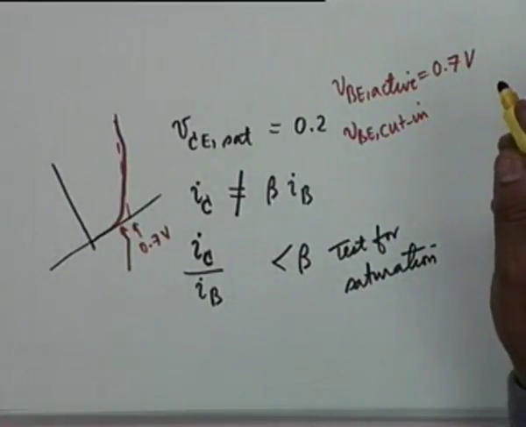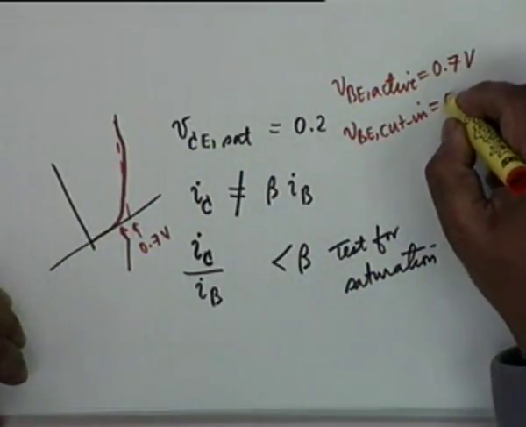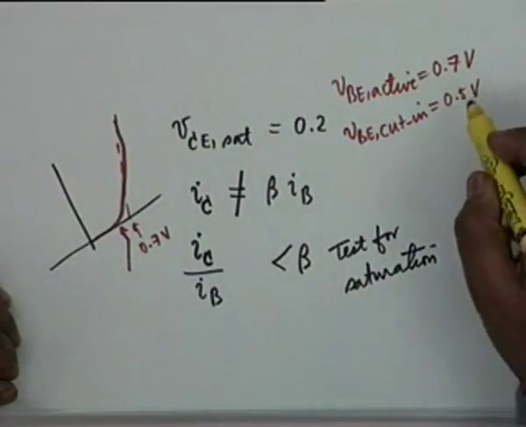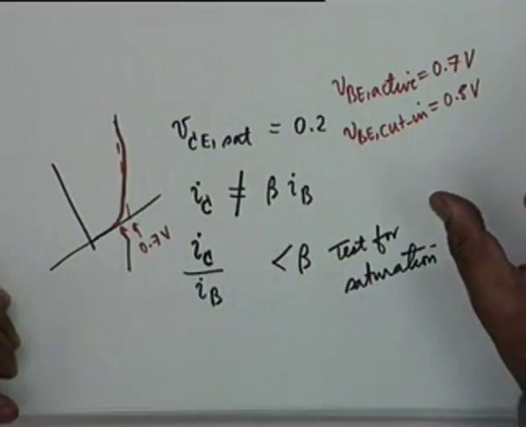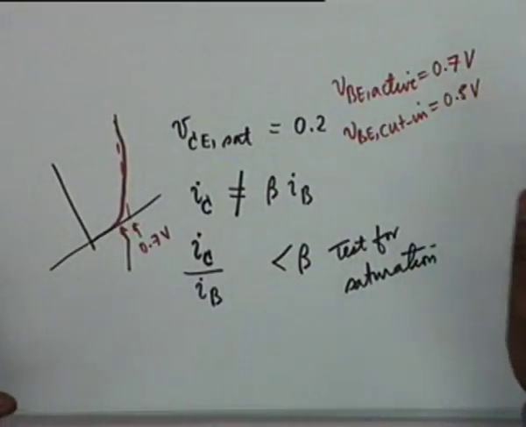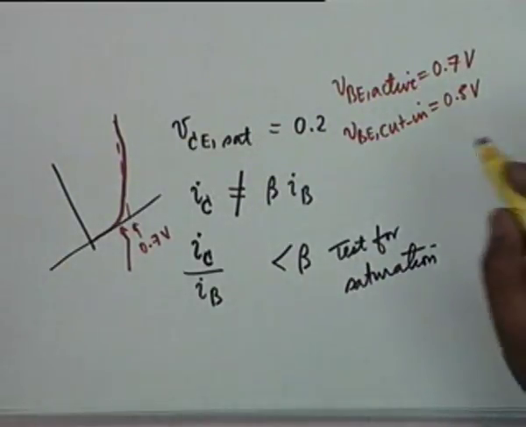That is, it was cut off earlier, now it is cut in. This is taken as 0.5 volt. These are gross figures used for silicon transistors. There may be small variations. For example, instead of 0.7, the actual value could be 0.65. Instead of 0.5, the actual value could be 0.6.